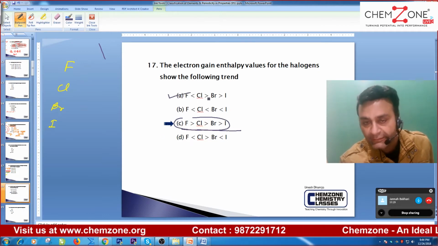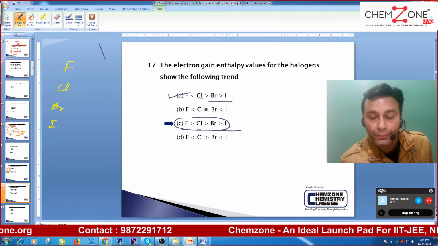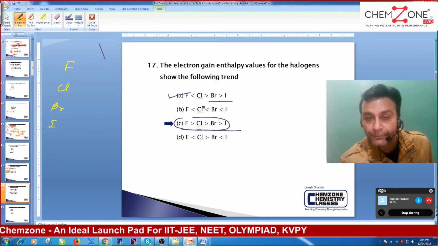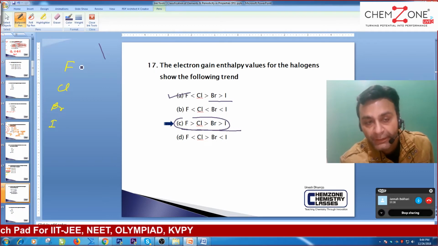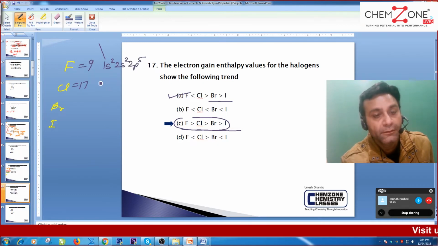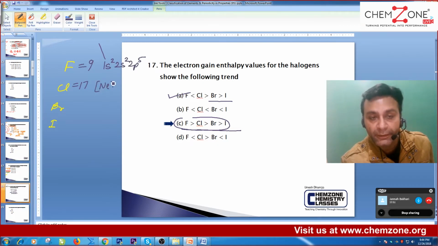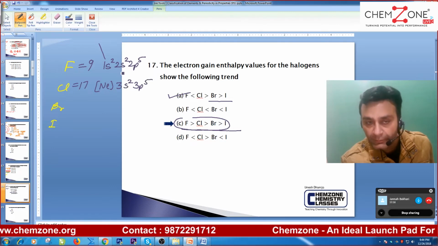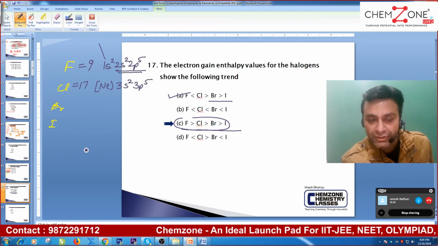Reason: this is all clear that as you go down the group, the size increases and the attraction will decrease. But if I compare fluorine and chlorine, the nuclear charge of fluorine is 9, chlorine is 17. So fluorine is 1s2, 2s2, and 2p5, right? It's neon complete, then 3s2 and 3p5. Fluorine has a second shell, right?